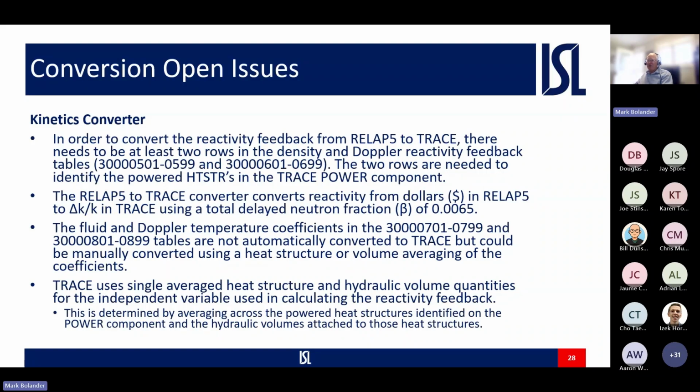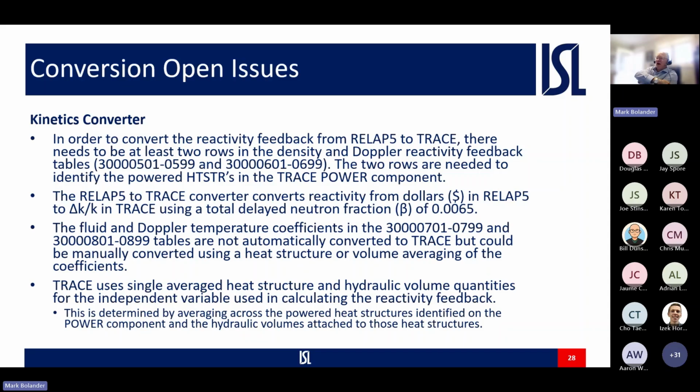The RELAP5 to TRACE converter converts reactivity from dollars in RELAP5 to delta K over K in TRACE using a total delayed neutron fraction beta of 0.0065. So you need to be wary of that.